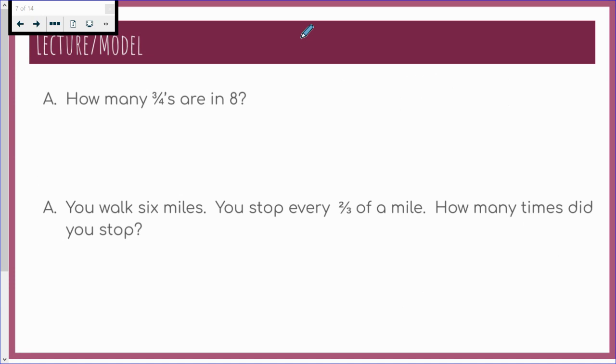So let's take a look at what that's going to look like. Why is there 2 example A's? This should be B. All right, how many 3/4 are in 8? That means we want to take 8 and split it up into 3/4 groups to see how many fit. So my division sentence is going to be 8 divided by 3/4. My 8 is going to go over 1, and that is my keep.